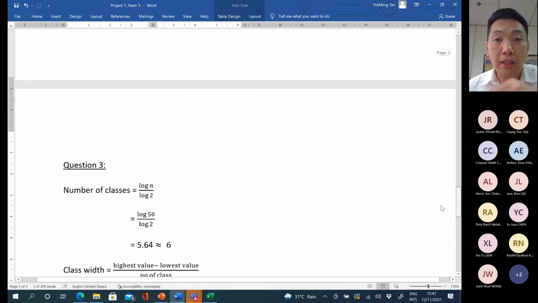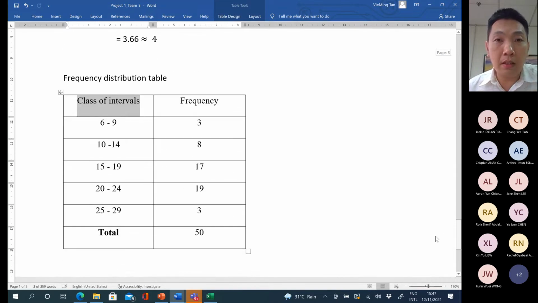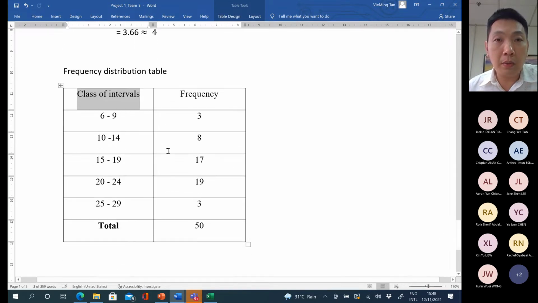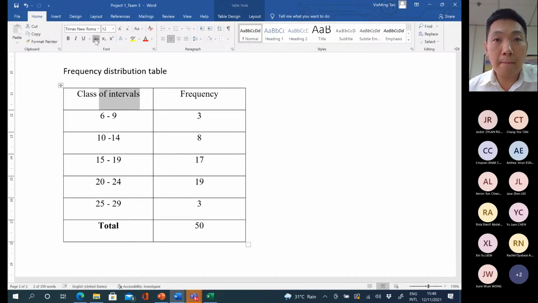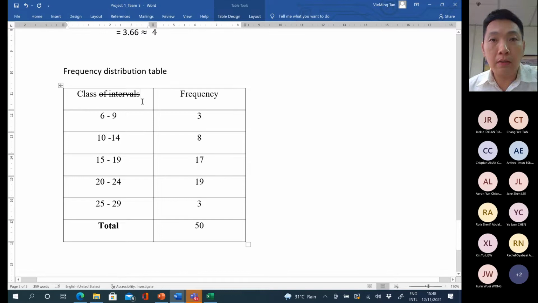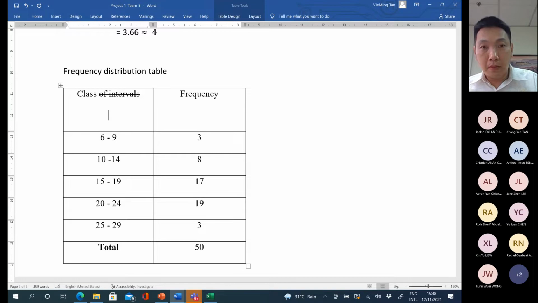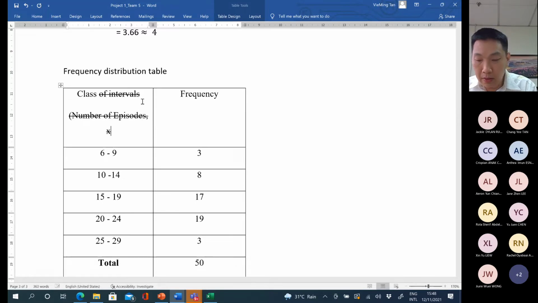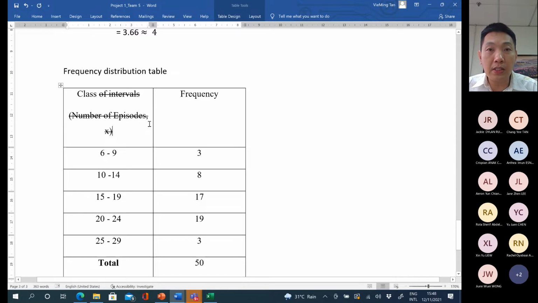For the data that you collected, this is the class. If you want, you can also put number of episodes here. If you want, you can also put X, to indicate that this is the X column.